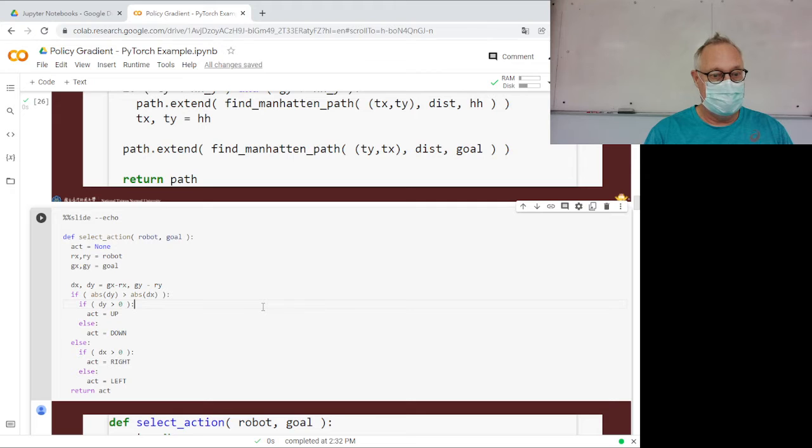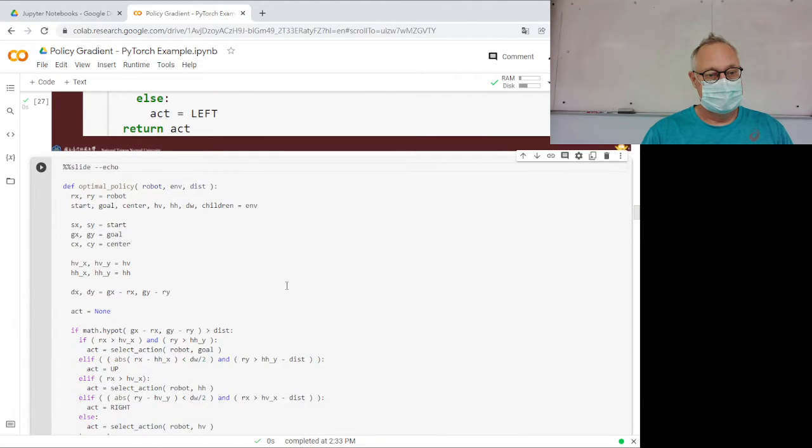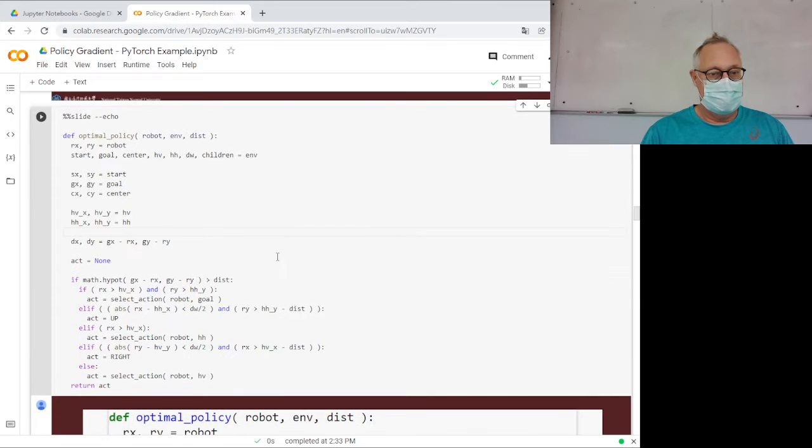So here's our new select action routine then, which simply picks either the up and down action or the left and right action, depending on which one has more change left. And then this would give us our optimal policy.